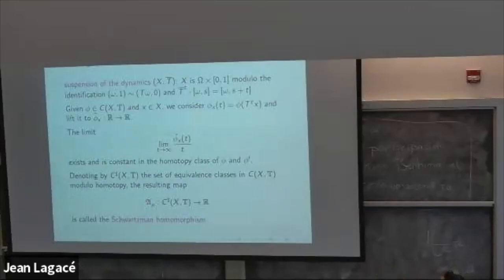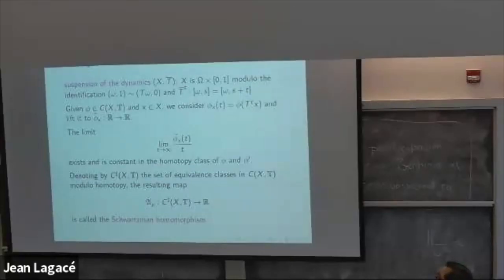As a function of t, this is a function from R, where t lives, into T. Now you have a function from R to the circle, and that you can lift to a function from R to R, and the lift will be denoted by this tilde here. For that you ask with which average slope it grows as t goes to infinity. Then you can show that this limit exists, and in fact, almost surely, this is just the ergodic theorem, it is almost surely equal to the same value, and that value is what you're talking about.